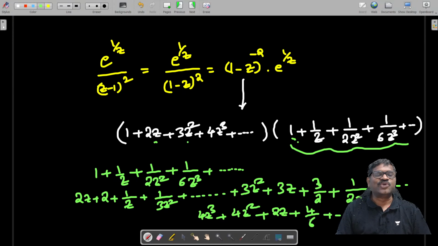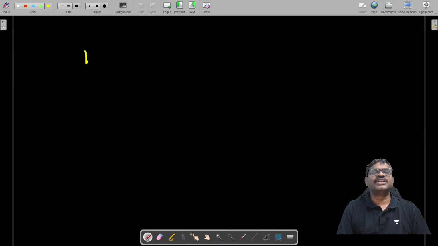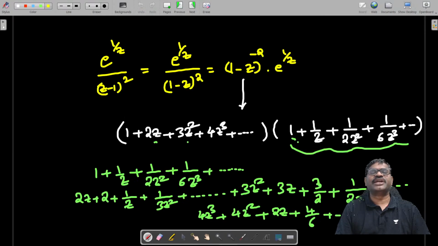Now residue is nothing but the coefficient of 1 by z. What is the coefficient of 1 by z? Here we have a 1 by z term, here a 1 by z term, and here a 1 by z term.